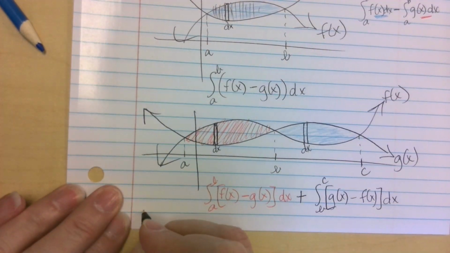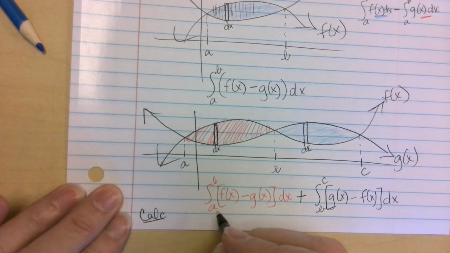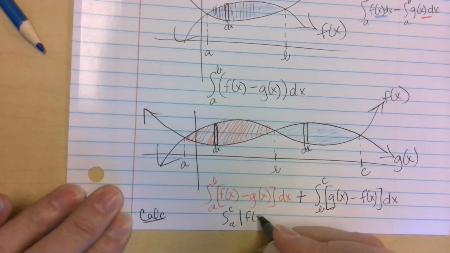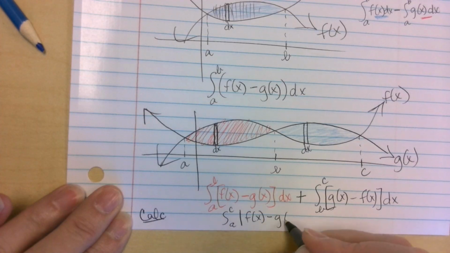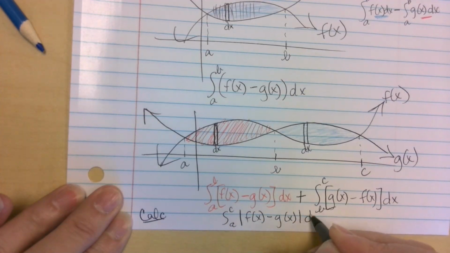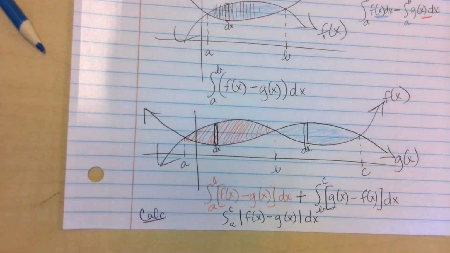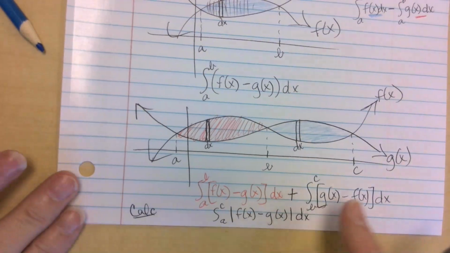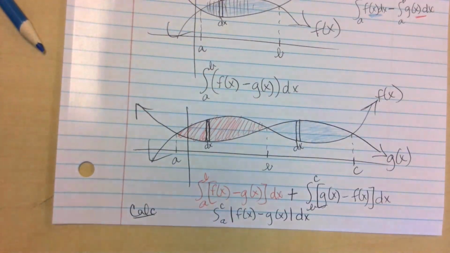Interestingly enough, if it's a calculator problem, what we can do is just go A to C, and it really doesn't matter which one you put on top. Throw it in an absolute value, and it will give you that exact area. So understand, calculators make this beautiful, but non-calculator is not horrible.